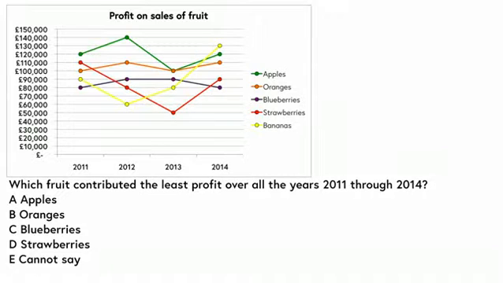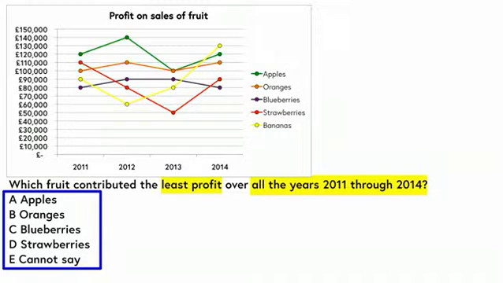The question asked is, which fruit contributed the least profit over the 4 years? On a numeracy test, you will usually be asked to select one of 5 answers that are provided. These are displayed below the question, labelled here A, B, C, D and E.